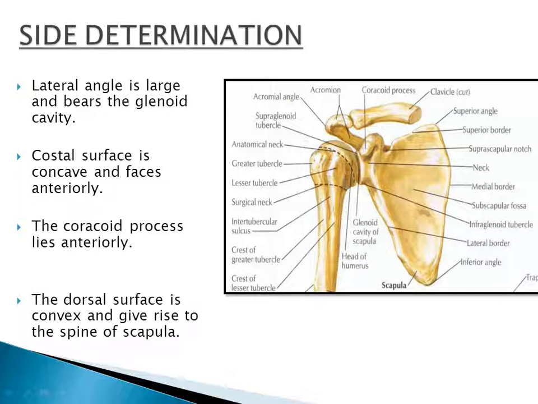The costal surface is concave and it has to face anteriorly. The coracoid process lies anteriorly while the spinous process lies posteriorly. When you remember these few points, you can easily determine whether the scapula is of the right side or of the left side.